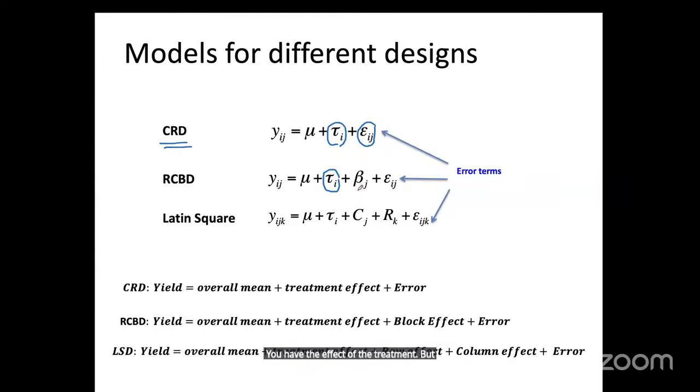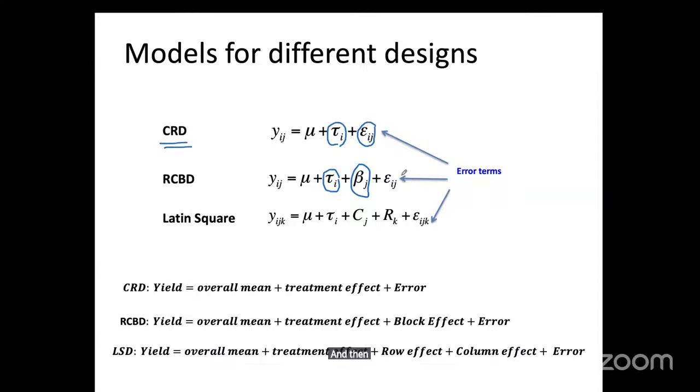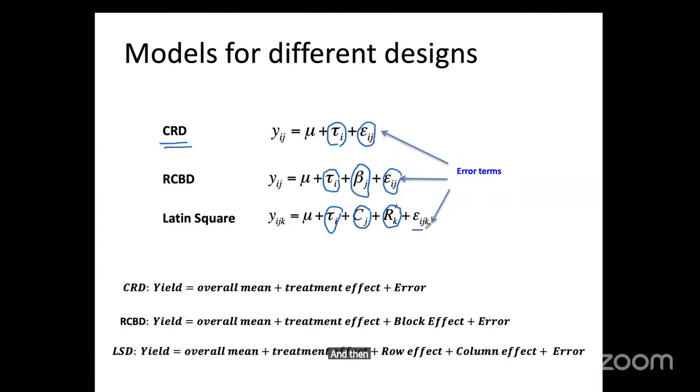But because the experimental units are not uniform, you need to take care of that also in the model. And then anything else that you cannot explain becomes the error. And then for a Latin square, you have your treatment. And then there are two blocking factors. There is the column as a blocking factor, and then there's the row as a blocking factor. And then you have your error in that case.